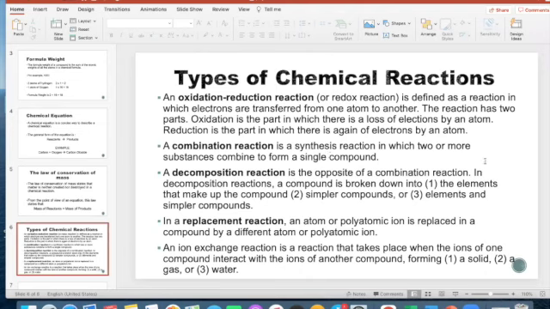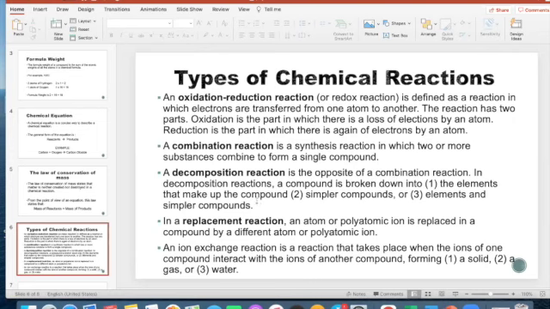So this is defined as the reaction in which you have electrons that are transferred from one atom to another, and the reaction has two parts. So the oxidation part is, there's a loss of electrons by the atom. The reduction part is there is a gain of electrons by the atom. So oxidation is one part, reduction is another part.